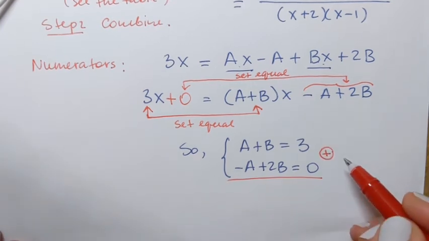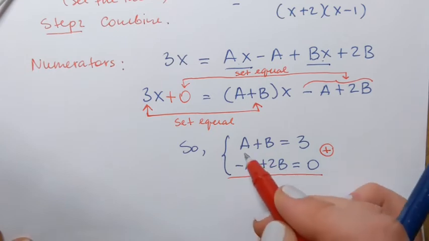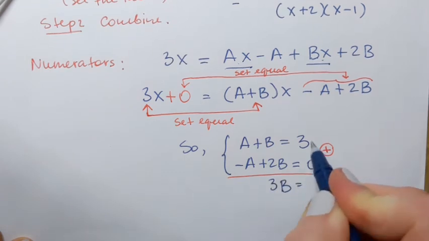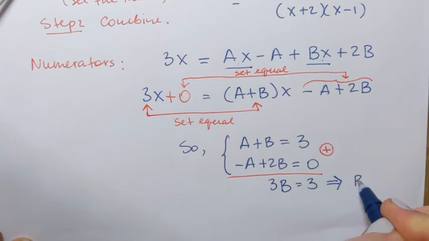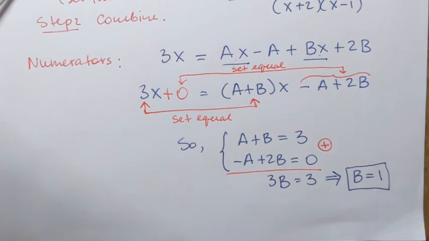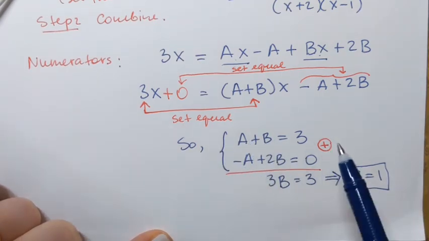So here, as I said, the good method is the elimination method. It's also called the addition method. If we add equations term by term, we're going to get 3b equals 3. So from here, b equals 1, right? And now if b equals 1, then what is a? I can just plug 1 into, let's say, the first equation.